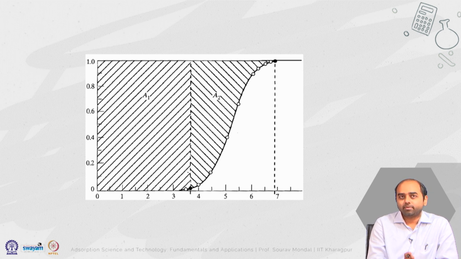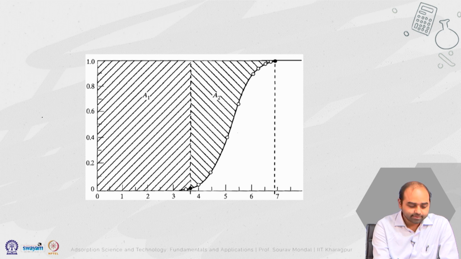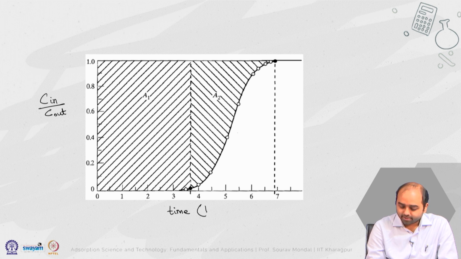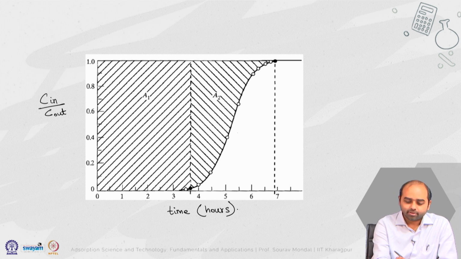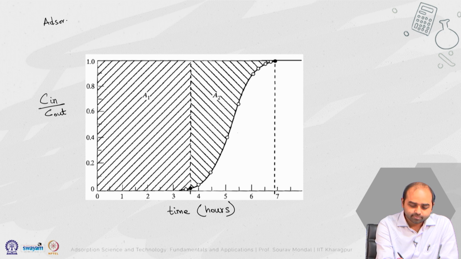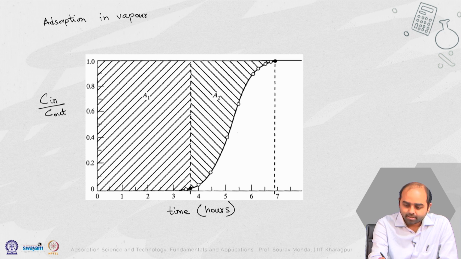So, this is a sample profile of the breakthrough plot. So, here the left hand side represents the C out by C in, and the x axis represents the time in hours. So, this is a particular experiment of adsorption of vapor through a fixed bed.